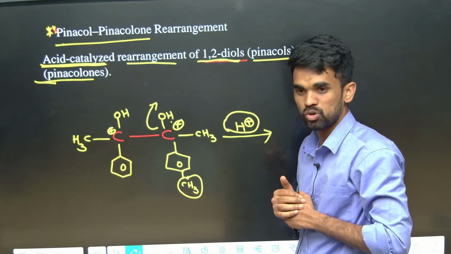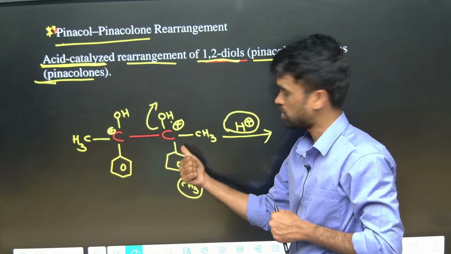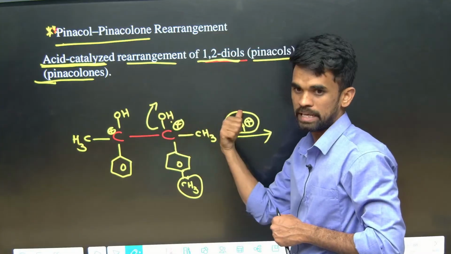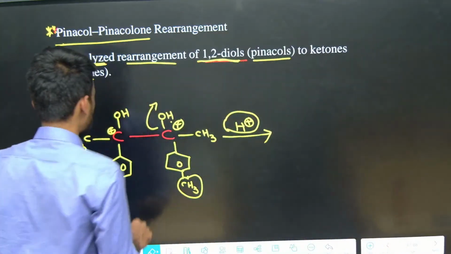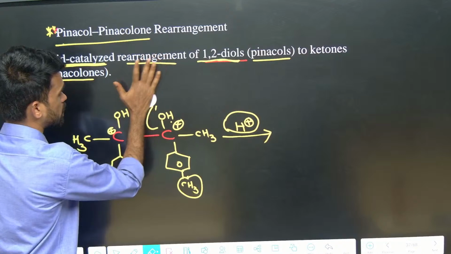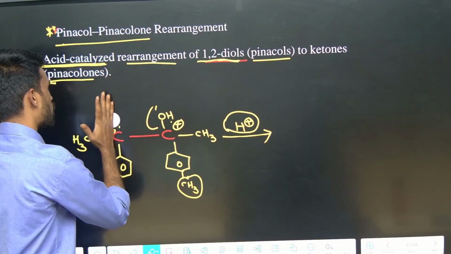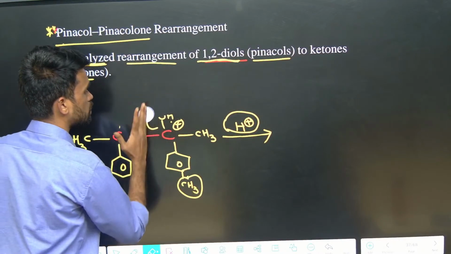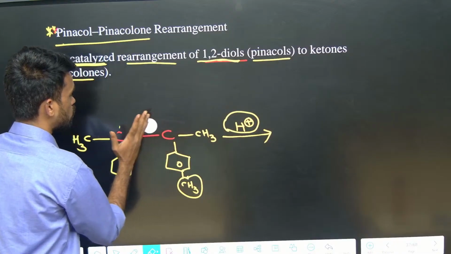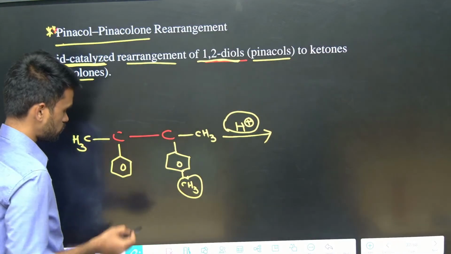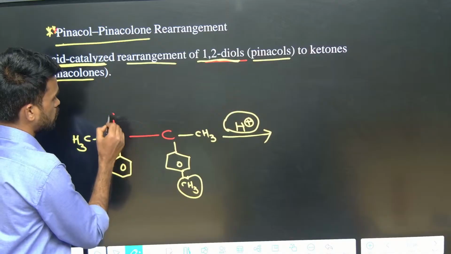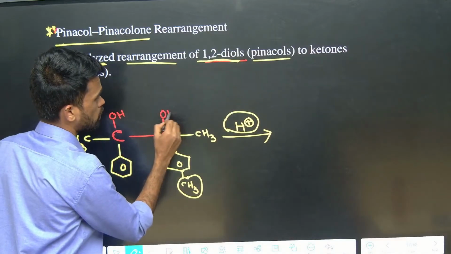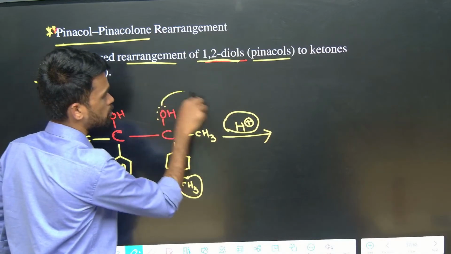Which is generating the more stable one, this one or this one? Here. So you need to remove this OH group by adding H plus. This is the primary step where most of the students will get confused, or they will go wrong right here itself. If this step is gone, everything will collapse. Out of these 2, this OH group will be removed.